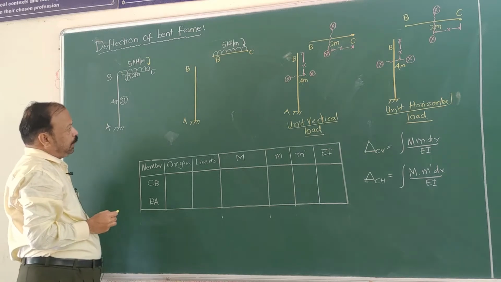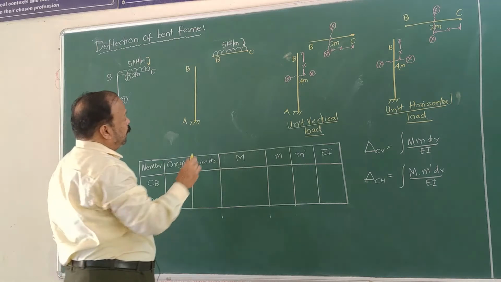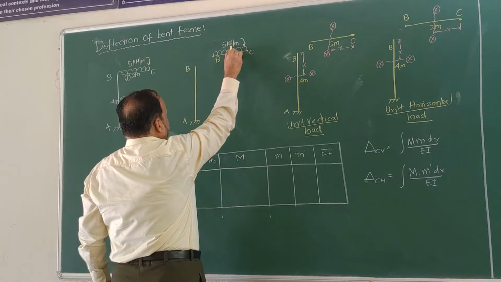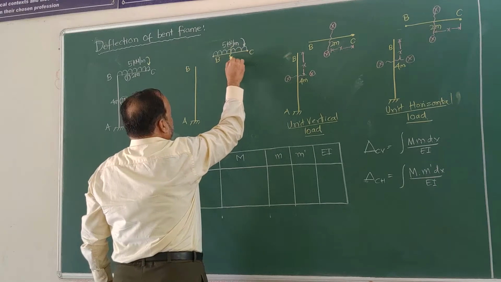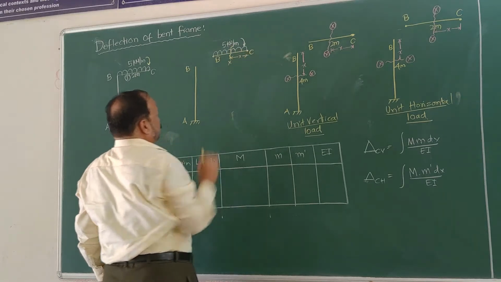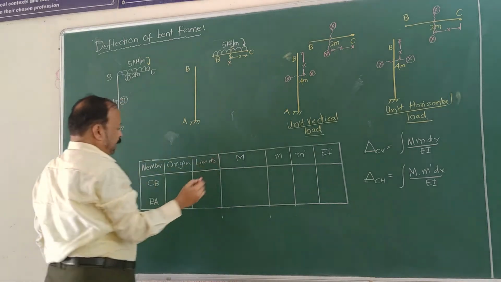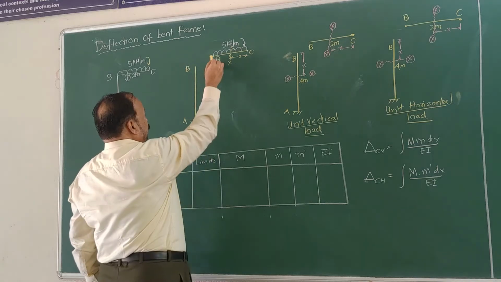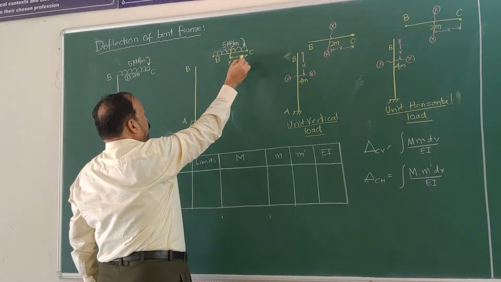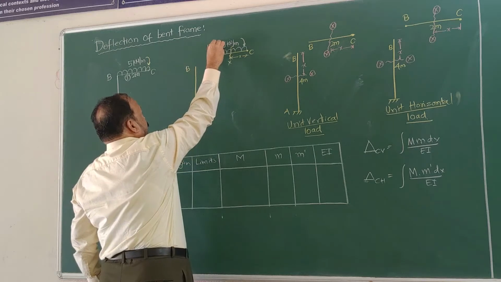So let us calculate the moments due to load. If I take any cross section xx, distance x from C, the moment due to this load will be 5 into x by 2. At this point, the moment due to this load is 10 kilonewton meter anticlockwise.